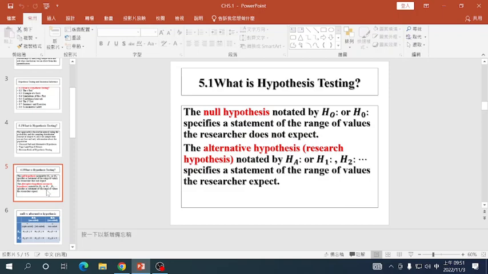Step 1 states the purpose of our research. Step 1: state the null and alternative hypothesis. Is that clear?